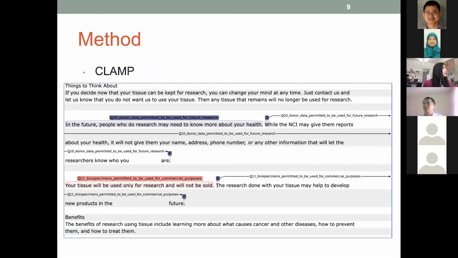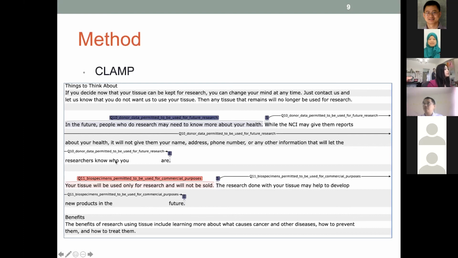And here's a screenshot of our annotation process. We use a software called CLAMP, which is a clinical natural language processing software. Basically, we read through the informed consent documents, and if we determine that a sentence contains an answer to one of the 9 permission questions, we will mark that sentence.